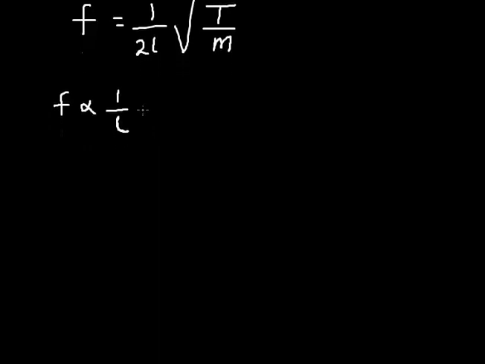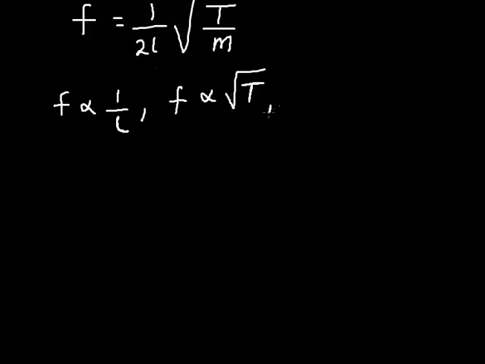Here too, we can also conclude that the frequency of a stretched string is directly proportional to the square root of the tension. The more the string is stretched, the more tension it has, and that will also increase the frequency.